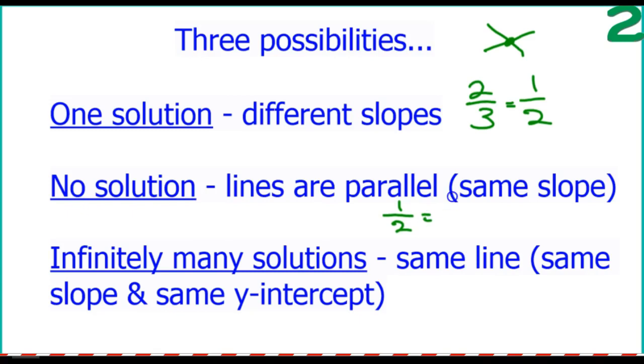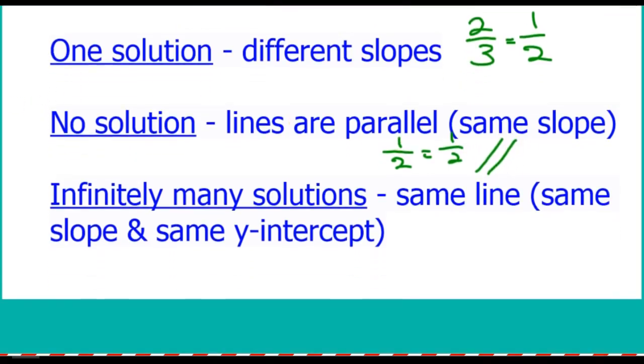So 1/2 and 1/2, that means their lines are going next to each other. They never cross. There's no solution. Infinitely many solutions is the same line, so the same slope and the same y-intercept. So like 1/2 x plus 3 and 1/2 x plus 3, that would just be the same line.